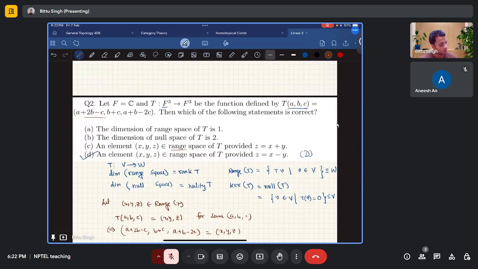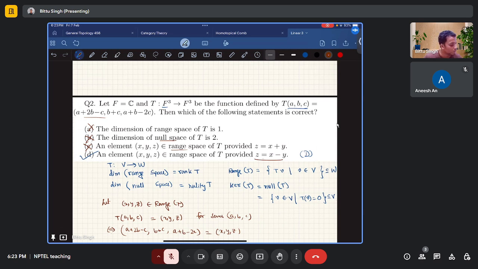But here nullity is given as 2, which is false, because we obtain nullity is 1. And similarly, the dimension of range space is given as 1, but we obtain that it will be 2. And this is also incorrect, because it should look like z equal to x minus y, but here z equals x plus y, right?